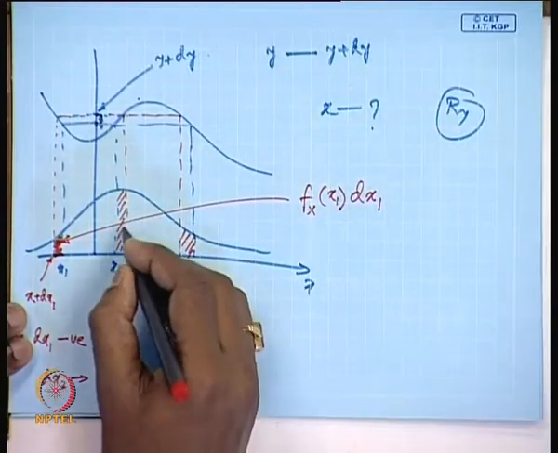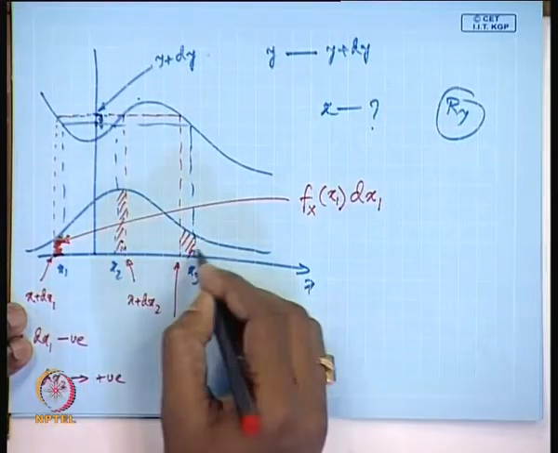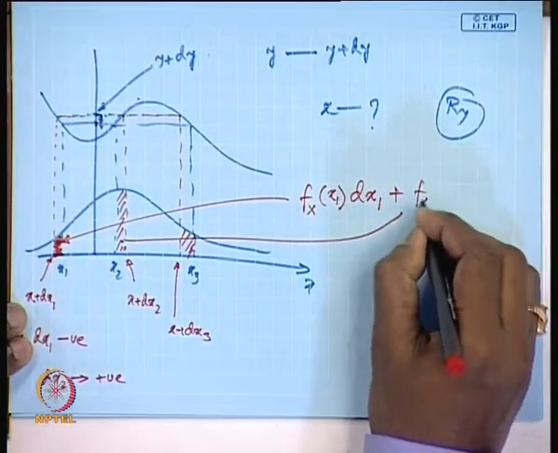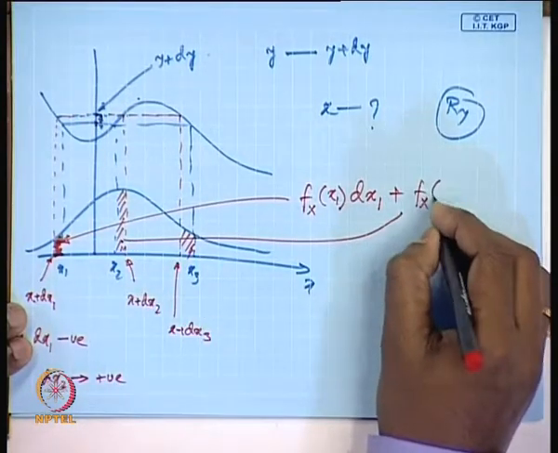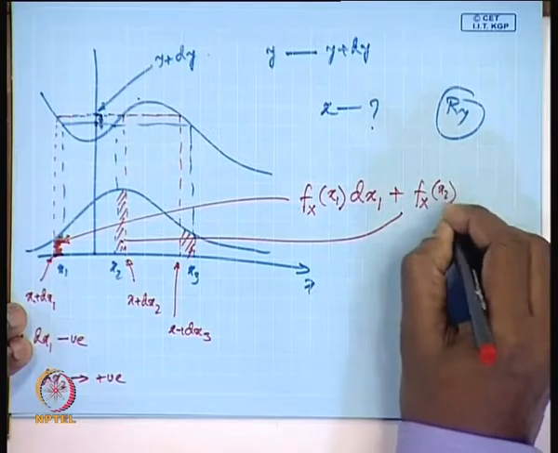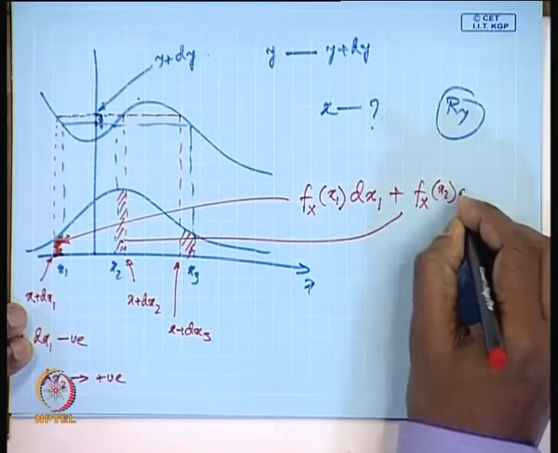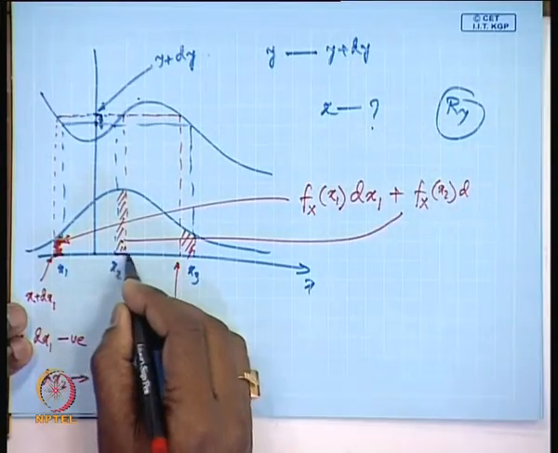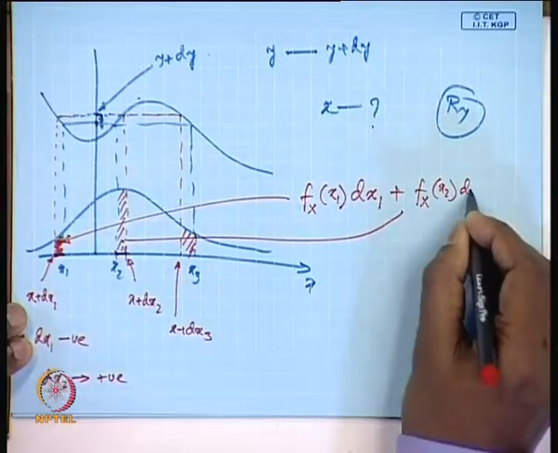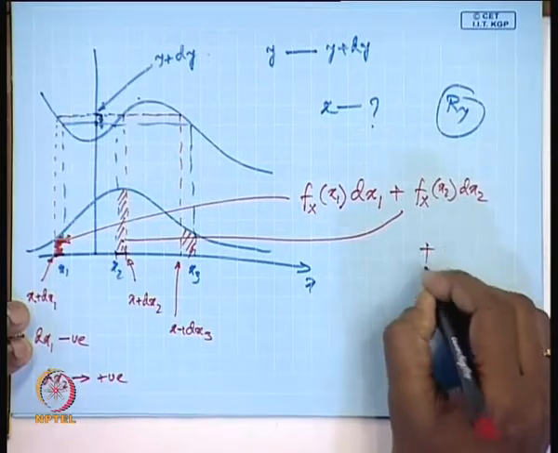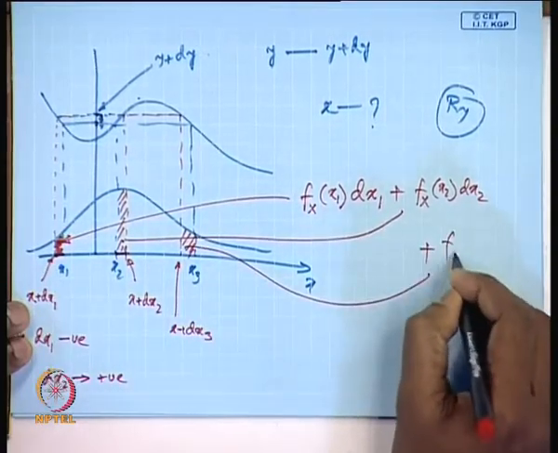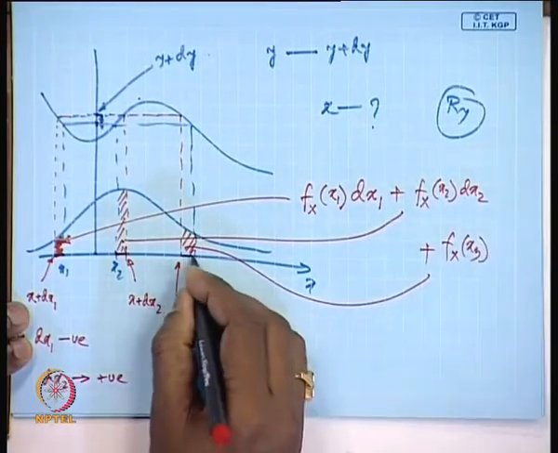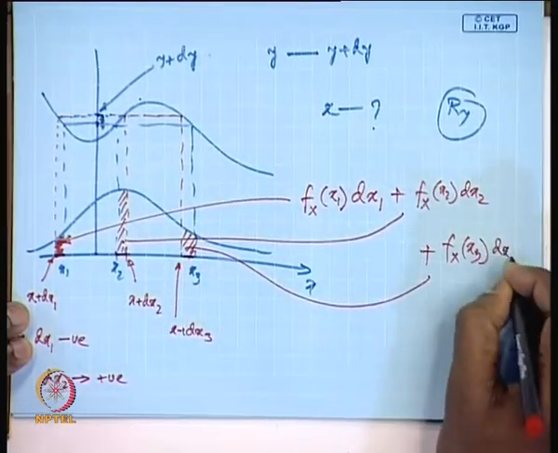Similarly, if I want to know this area and this area, and add them up, this area will be f_X, the value of the same function at x2, multiplied by the small length dx2, plus this area, f_X at x3, multiplied by this small length dx3.